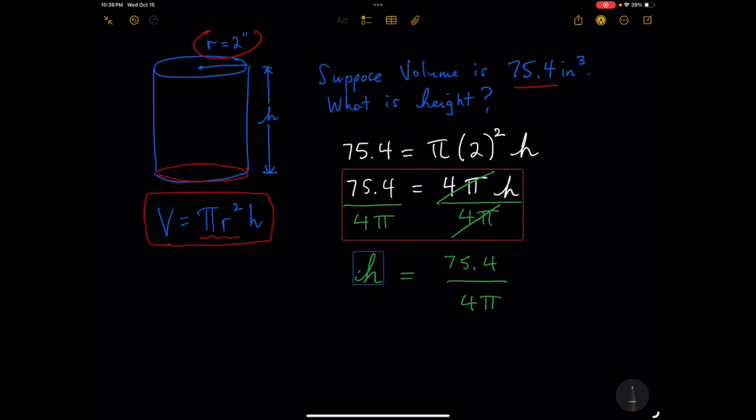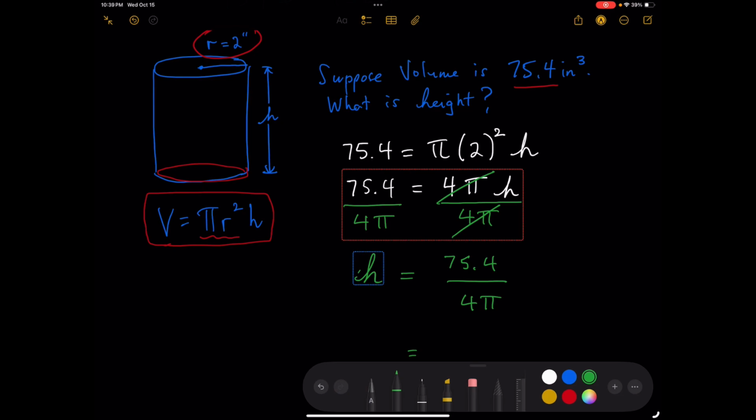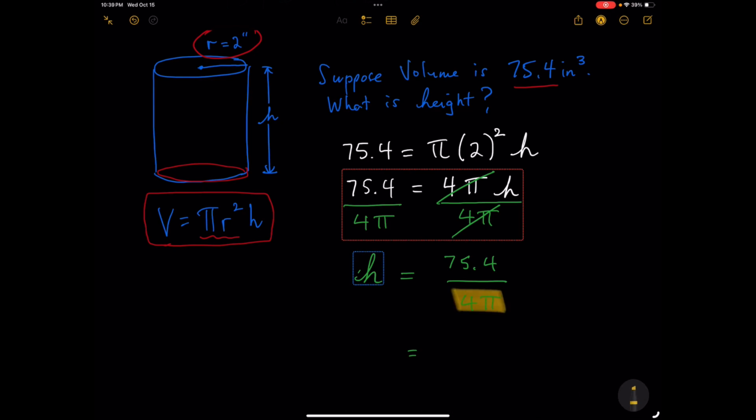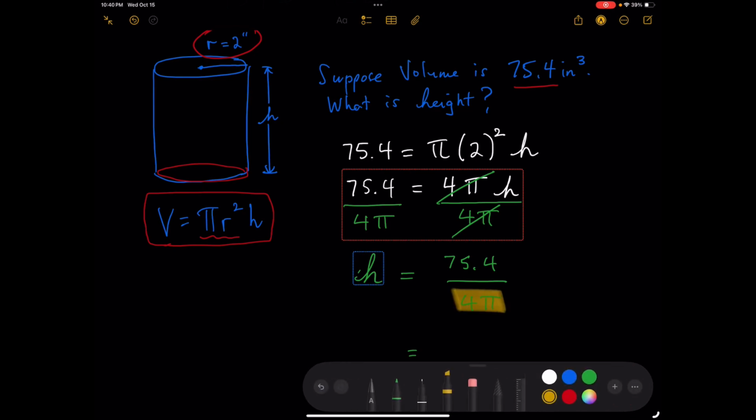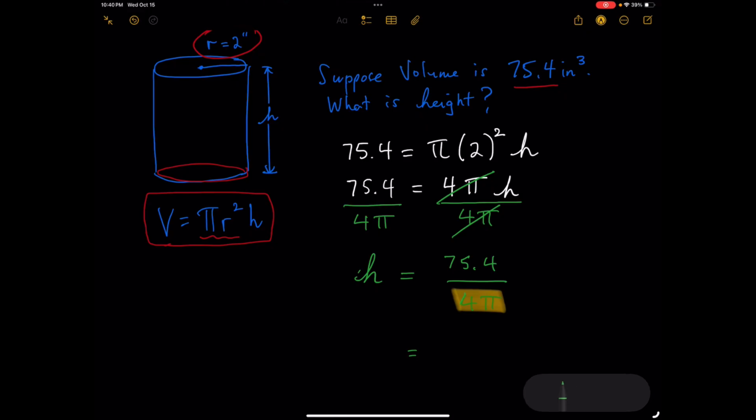Now, if you were going to do that on a calculator, then you really should work out the 4 pi first, or at least get a handle on that, because we want to do 75.4 divided by all of the 4 pi, not just 4 and then pi.